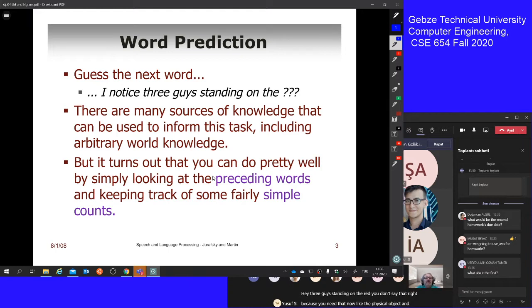So to be able to fill in these question marks, you need to know the grammar of the language. You need to know about the real world, right? Common sense real world, etc. But the statistical language modeling says that no, you don't need to know anything about that. All you need to have is very large corpora. Look at the statistics of the corpora.